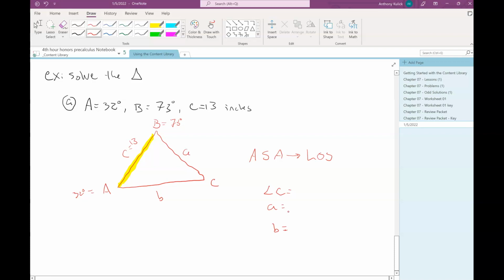Which one must I do first? Got to do angle C first. But that's good. It's trivial easy to do angle C. What do I have to do? Add both of those angles. That gives me 75.